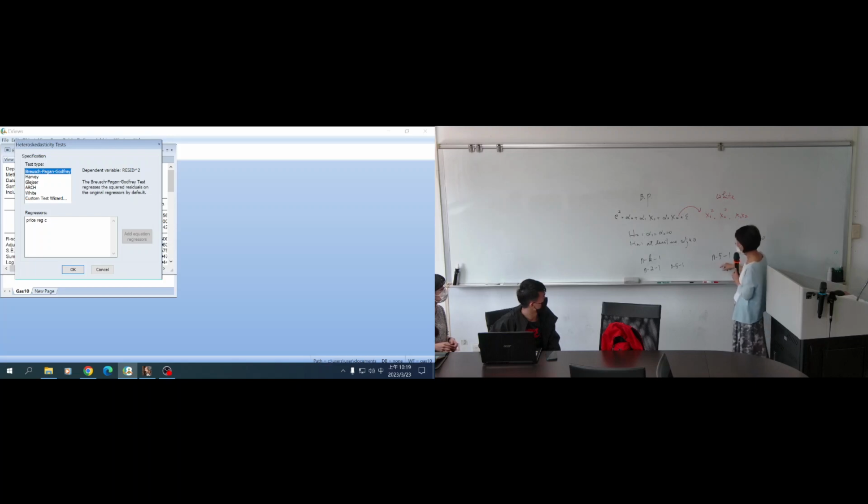So I use n minus the original 5, then the 5 square terms, then another 10 cross-product terms. It turns out to be minus 20 here, and here it's only minus 5.